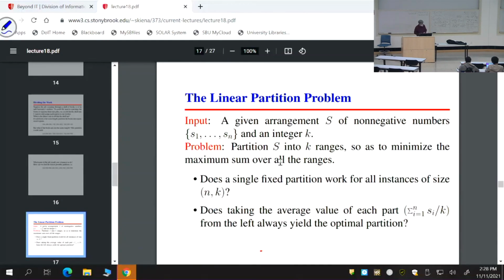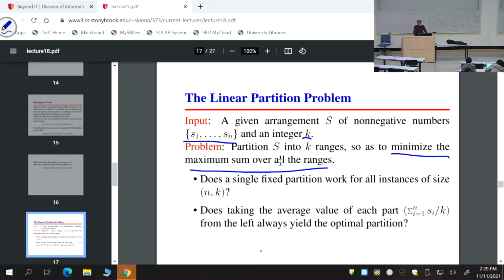I claim we've got the following problem. The linear partition problem says we're given an arrangement of n integers and an integer k, and we want to partition it. The criterion is to minimize the maximum sum.